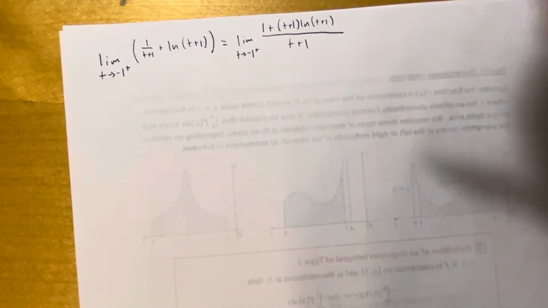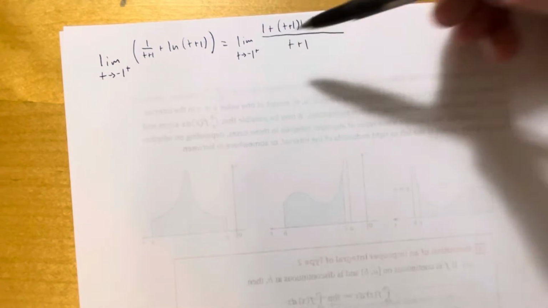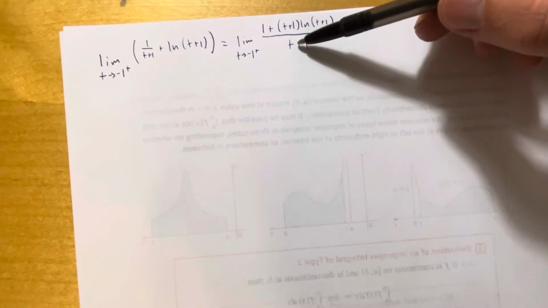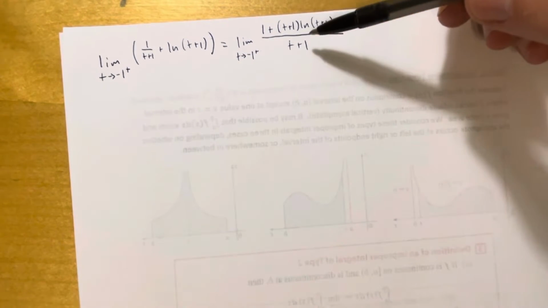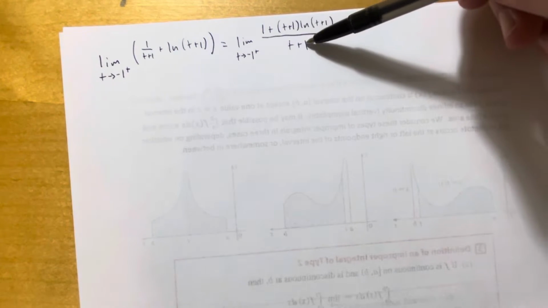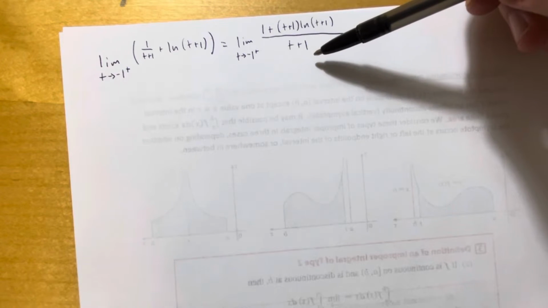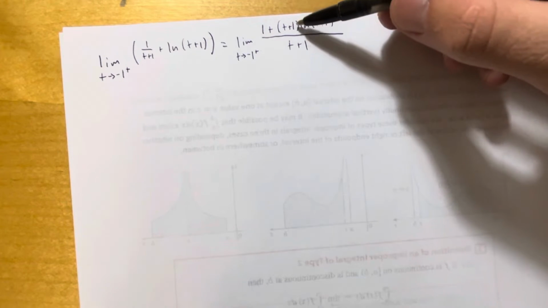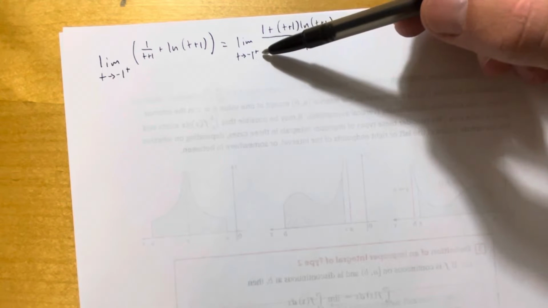Now, let's see if we have the right type of indeterminate form. If I take the limit as t approaches -1 from the positive side, down here we're going to be approaching 0. Okay, here what's going to be happening? Well, I have -1.